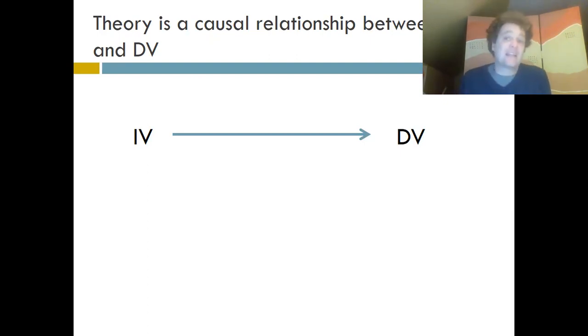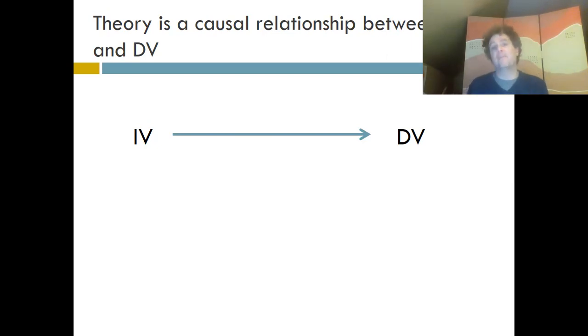So let's see an example of this using the survey, using the question that we just had. We can think to ourselves, what might be something that affects views of homosexuality? Let's say that homosexuality is our dependent variable, and we want to ask what causes or affects somebody's views of homosexuality.